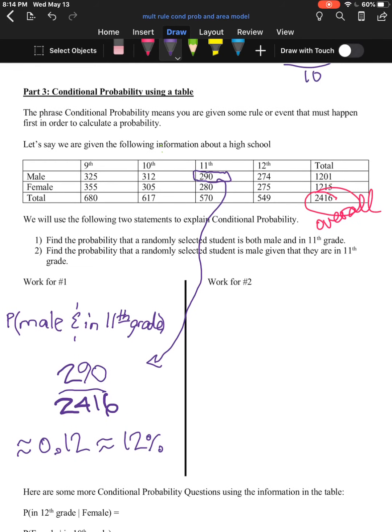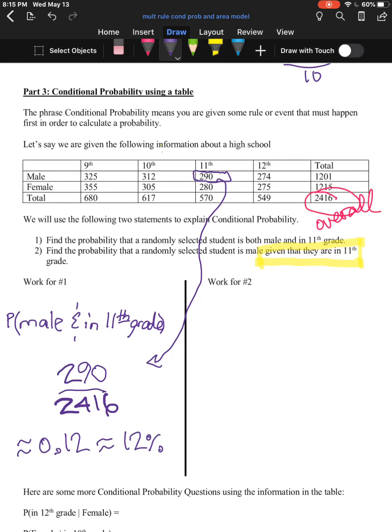And problem number 2, you have a given that situation. So this is different. Given that means you already know something. So it's not like you're picking out of the entire overall student body. You know that the person is definitely an 11th grader. So your 2416 just got reduced by a lot.